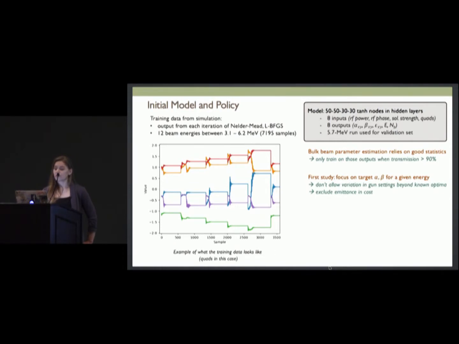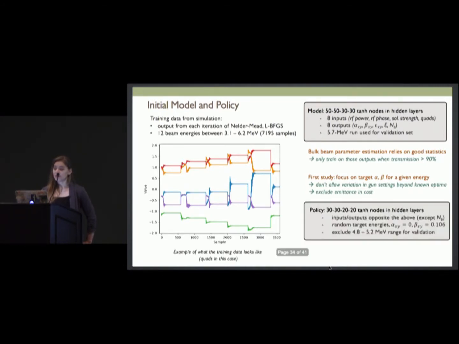And so to start with, we wanted to focus on just getting alpha and beta correct for a given energy. So here we didn't allow much variation in the gun settings. Gun is just another name for the injector beyond the known optima that we already have. And then we excluded the emittance and the cost function. And this was the structure of the policy network.